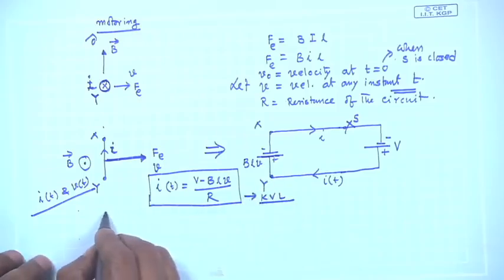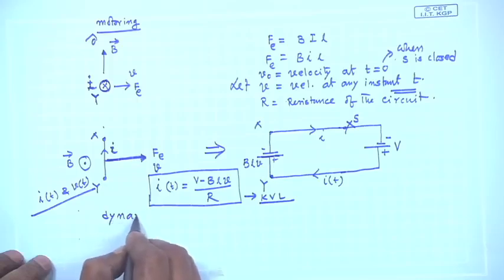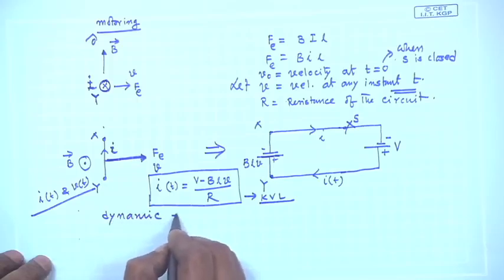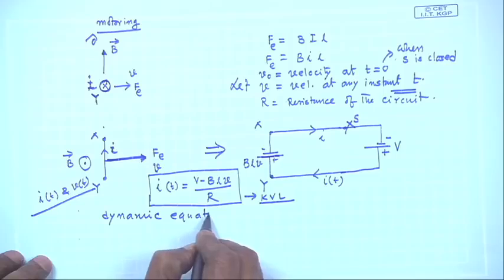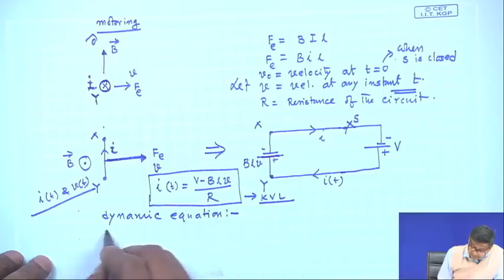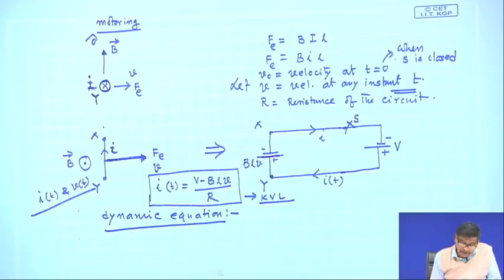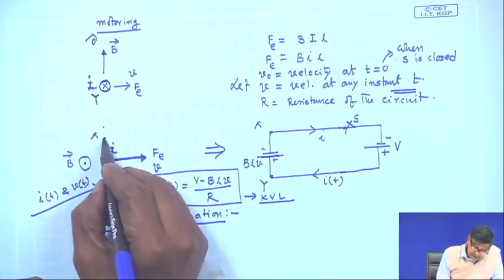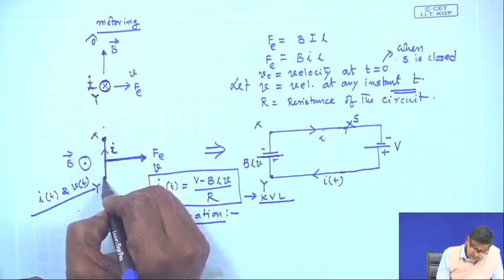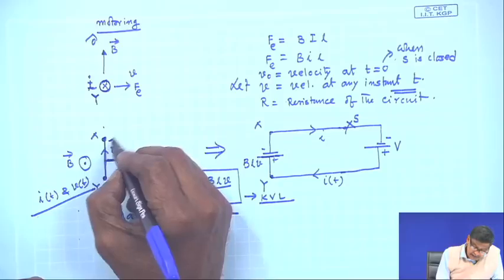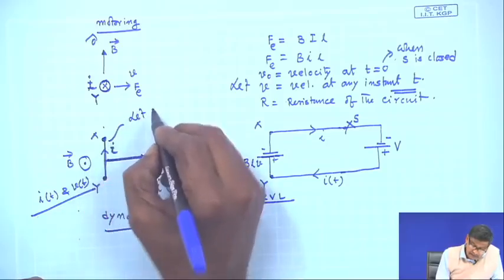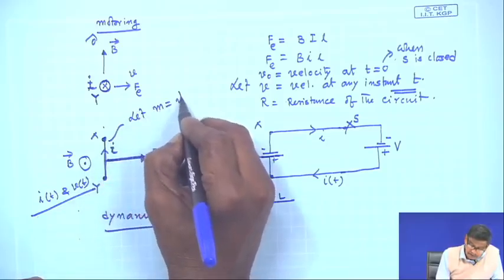Another is the dynamic equation. What is the dynamic equation? It is this fellow, that is the conductor, let m be its mass.